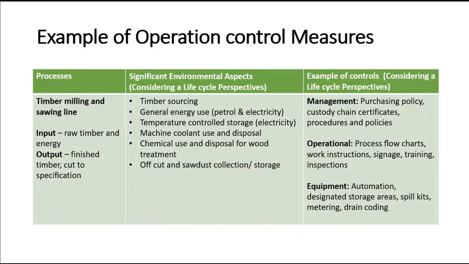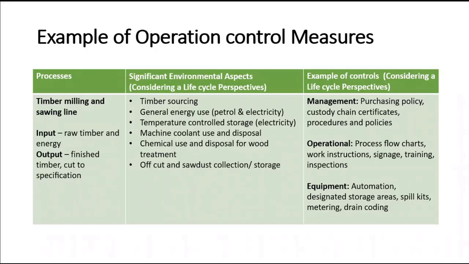Which is already cut to the specifications given by the customer. Then we have the significant aspects. First, utilization of the timber, which is the timber sourcing, and consumption of energy.